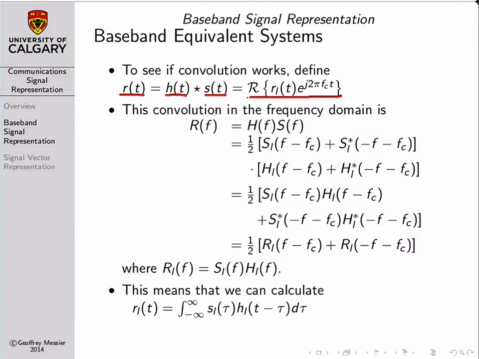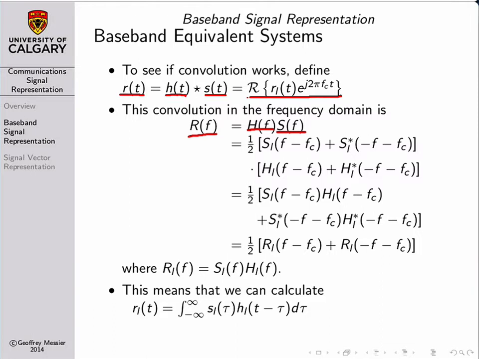So the frequency spectrum of the passband signal R is just equal to the multiplication of the passband system response in the frequency domain and the spectrum of the input signal.